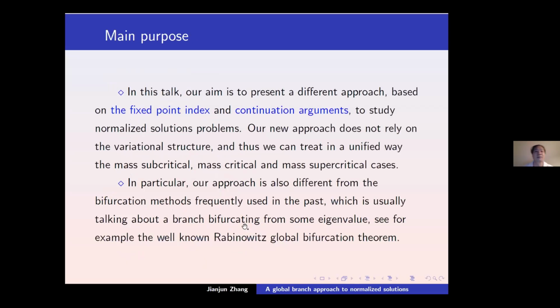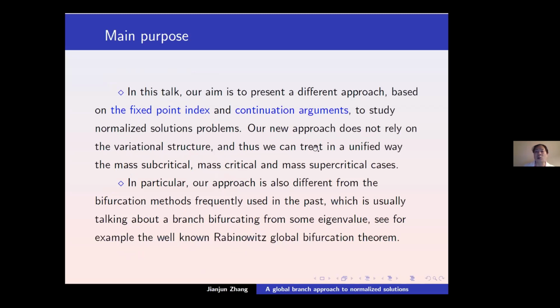Okay, now we give the main purpose of my talk. In this talk, our aim is to present a different approach. Our approach is mainly based on the fixed point index and continuation arguments to study the normalized solution.